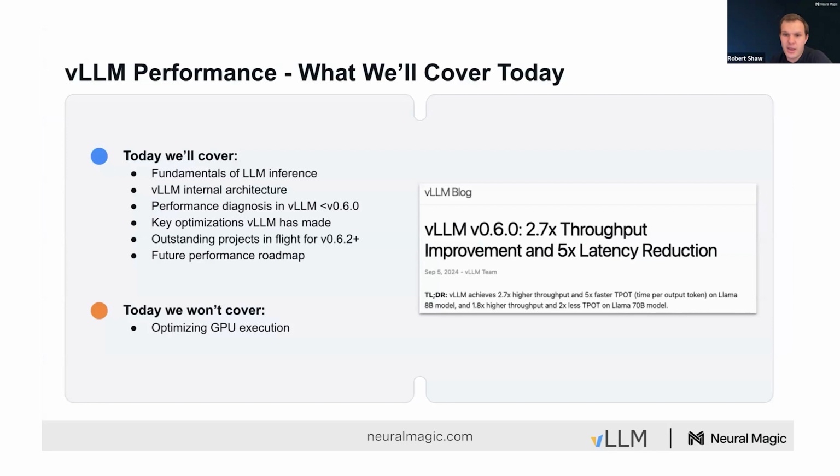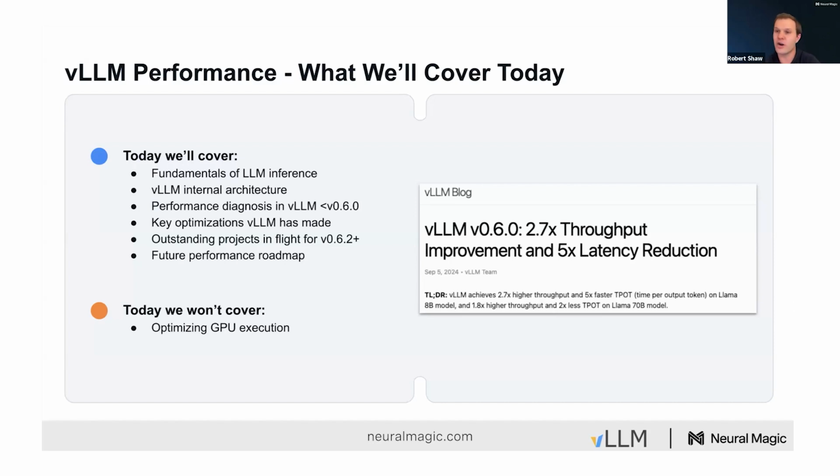And so today, I think everyone in the vLLM community has heard a lot about the v0.6.0 release, where the headline is we delivered a really large speed up on H100 GPUs for Llama 8B and also for Llama 70B. So really large speed ups across the board.